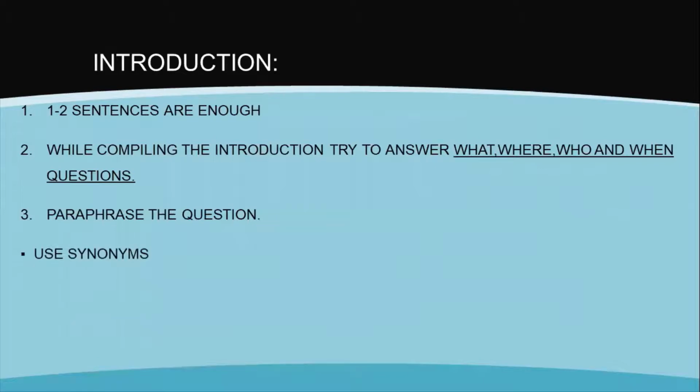For paraphrasing, you have some techniques. You can use synonyms of the words given in the question, or you can take some information from the graph, like certain markings or labeling, to change the sentence.